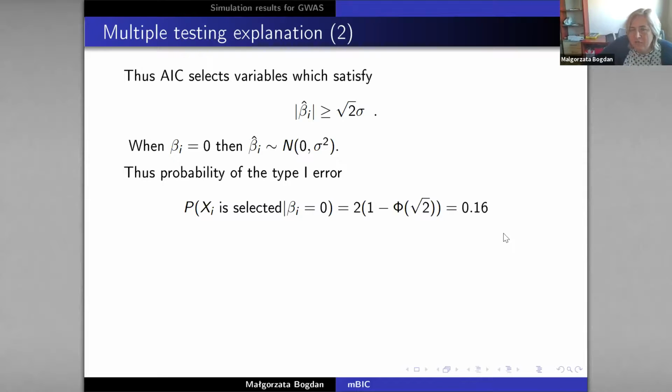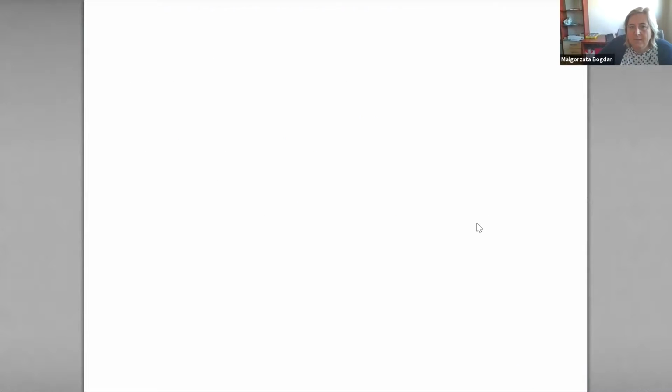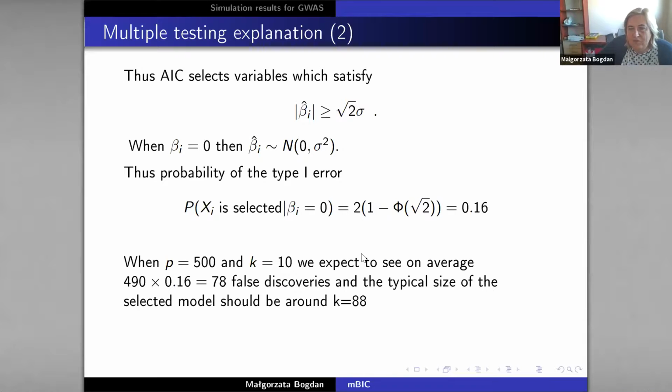So the probability that Akaike, in the orthogonal situation, is going to include a variable which is false is 16%. Okay? So when I have 500 variables, 490 of them are false, then I will have 78 false discoveries on average.